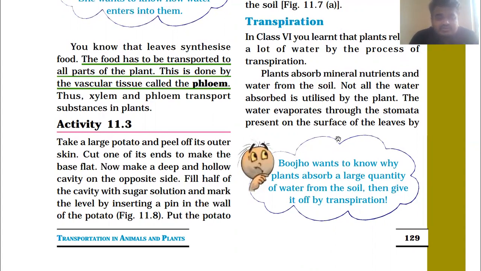Take a large potato and peel off its outer skin. Cut one of its ends to make the base flat. Now make a deep and hollow cavity on the opposite side, I mean to say the outer side. Fill half of the cavity with sugar solution and mark the level by inserting a pin in the wall of the potato.